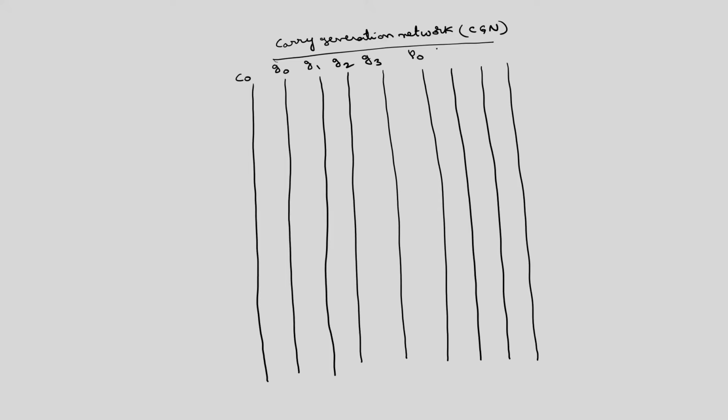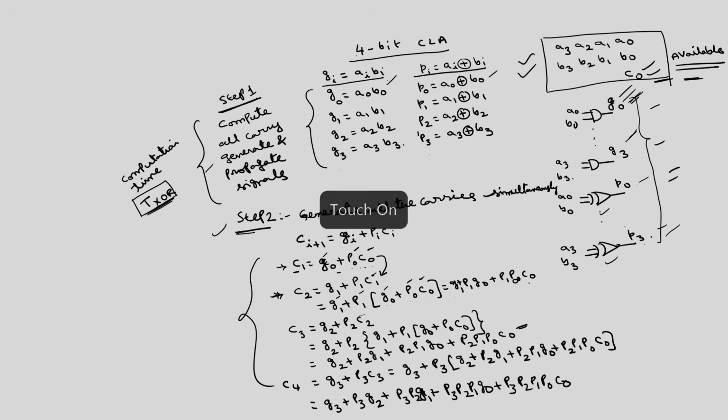Similarly, P naught, P1, P2, P3 we have generated in step 1. So, what is the expression for C1? We have derived C1 as G naught plus P naught C naught.